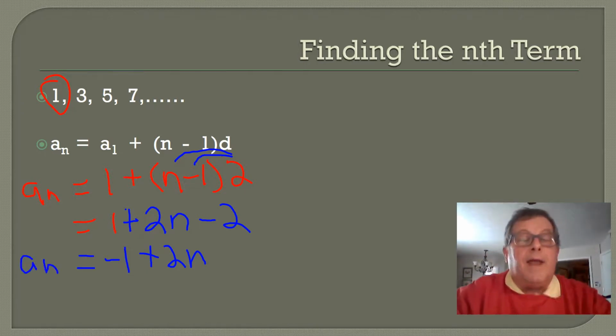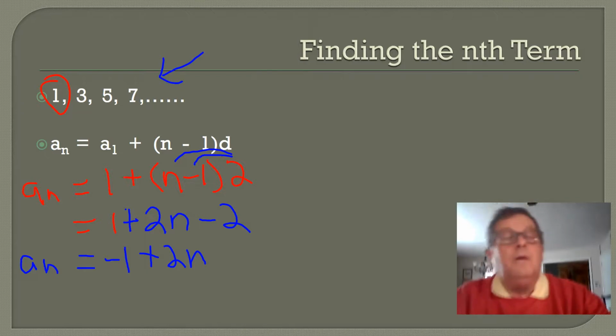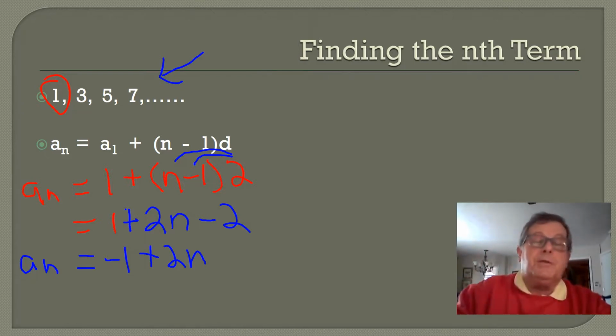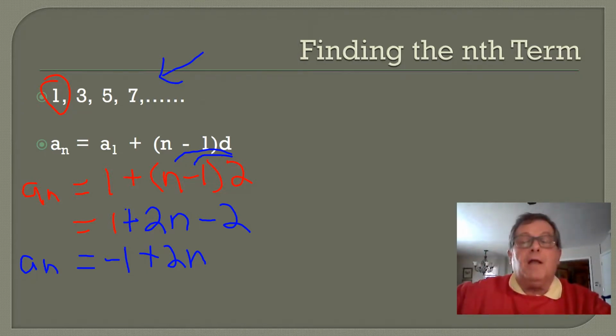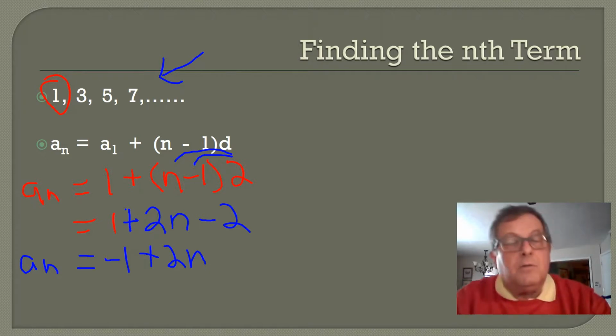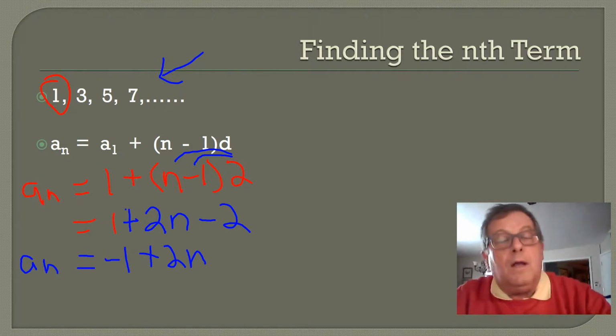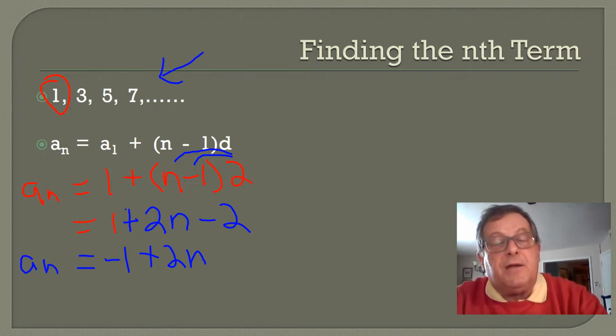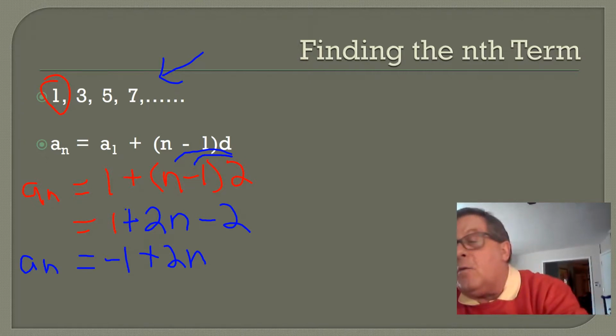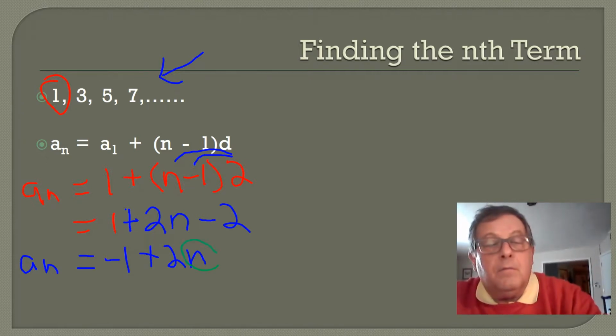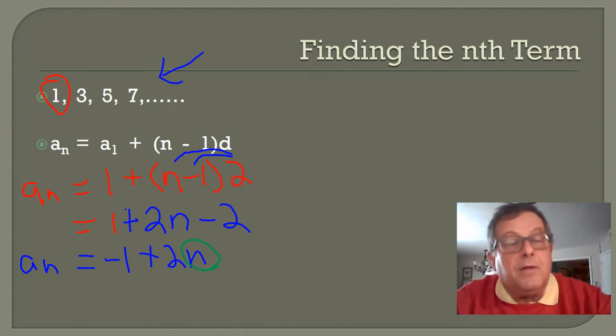Okay. Now, what if I was asked, what's the 10th term in this sequence? Well, I could just keep adding 2 plus 2 plus 2, going 7, 9, 11, 13, and so on. Or I can substitute 10 for this variable right here. So let's do that.